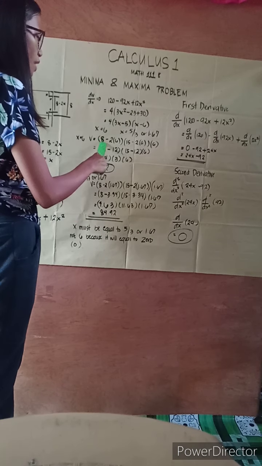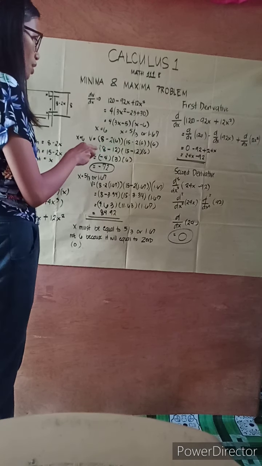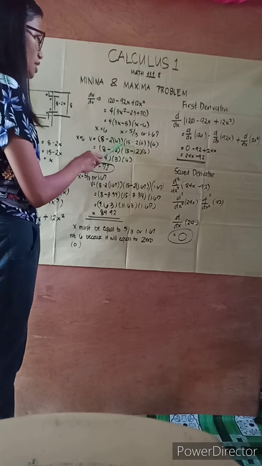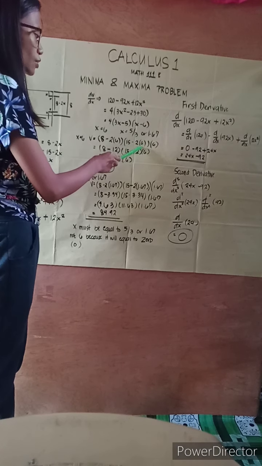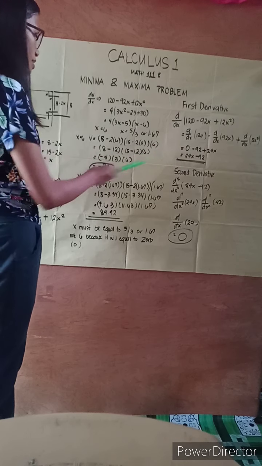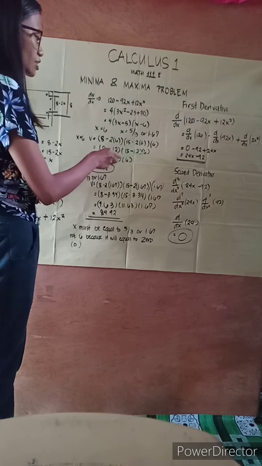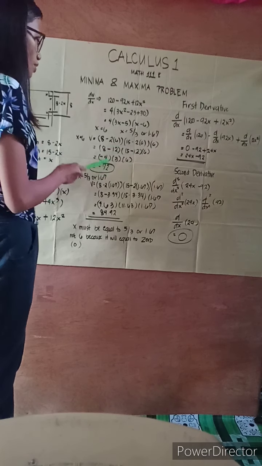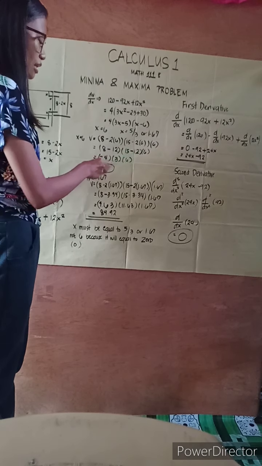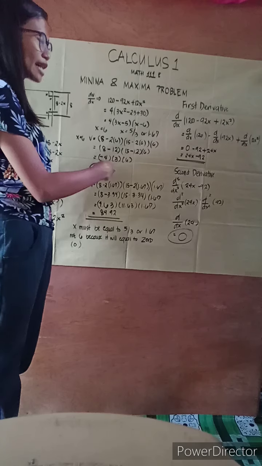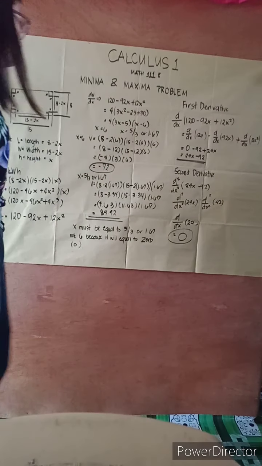V is equal to (8 minus 2 times 6) times (15 minus 2 times 6) times 6. So 8 minus 12 and 15 minus 12 times 6. So negative 4 times 3 times 6. So we will get the value of negative 72.